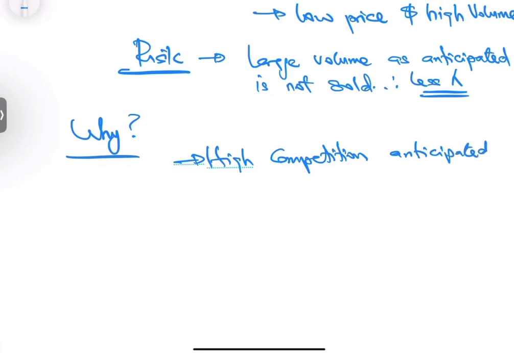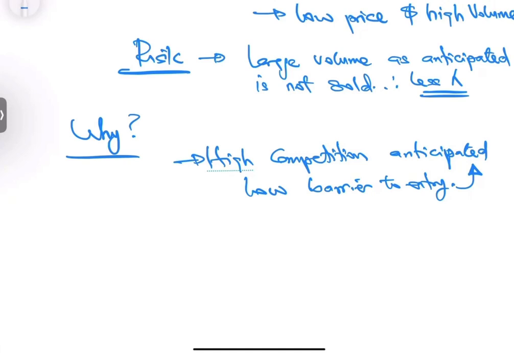Remember, because this is a new product, you are the first person going in, but you know that there's low barrier to entry. So you're anticipating that there will be competition in a short time. Despite the fact that it's a new product, barrier to entry is very low, so you're expecting a lot of people will come and join you in that market.